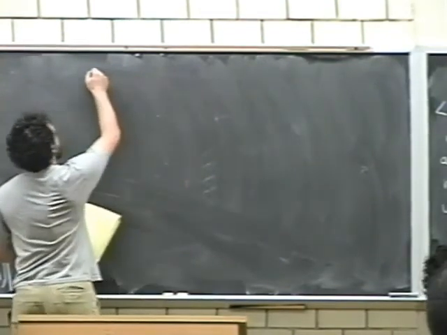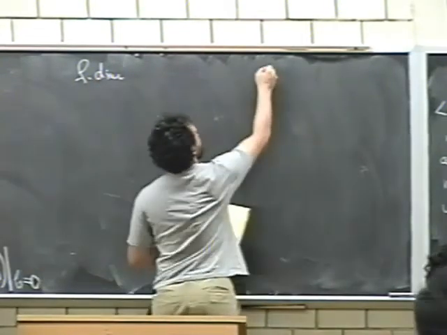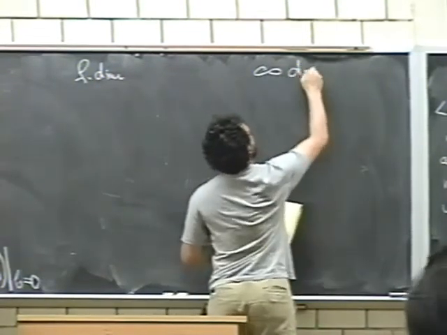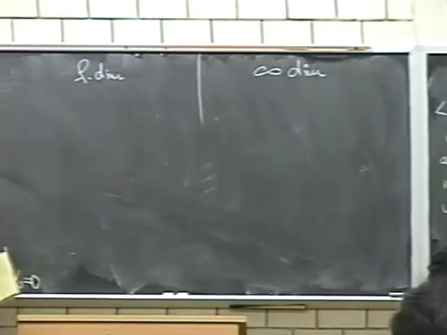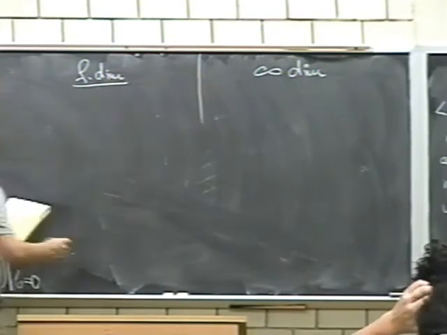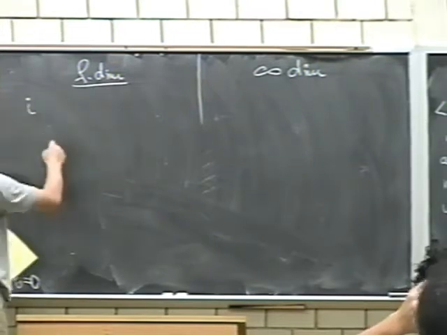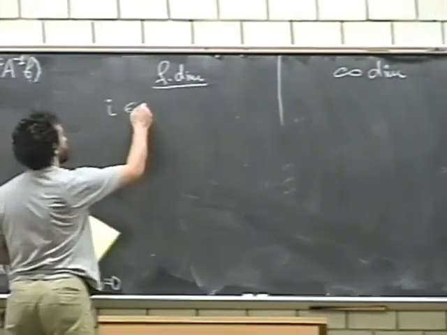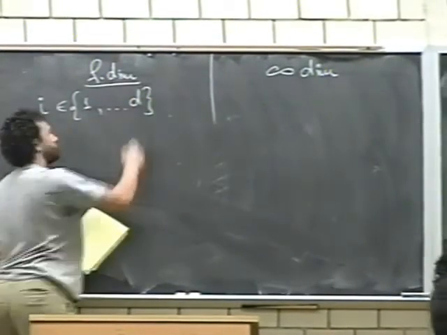Suppose I have the finite dimensional case and the infinite dimensional case, and I would like to translate several things from here to there. In the finite dimensional case, we had these finite indices i which ran from 1 to the dimension of our space.